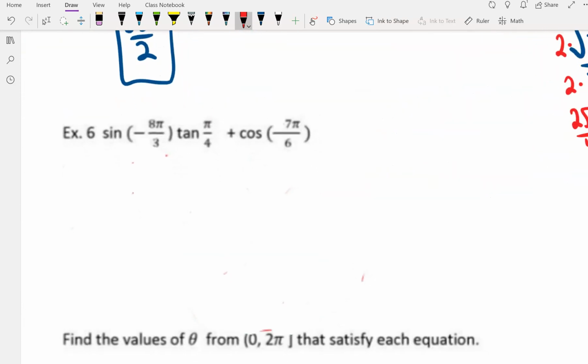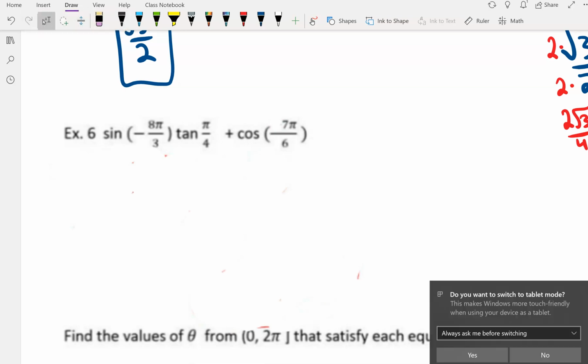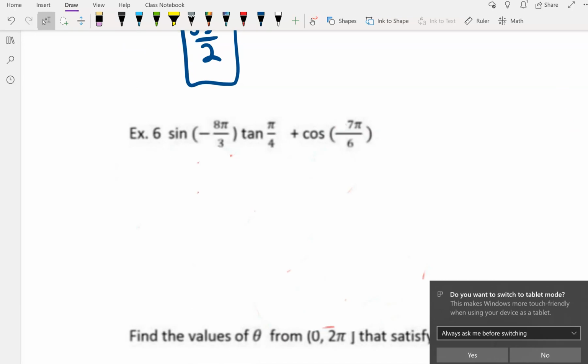All right, sine of negative 8 pi over 3. So this is definitely going to be one that I personally am going to draw a little picture so that I can see where that terminates. Negative 8 pi over 3 means I'm going clockwise. 6 pi over 3 would be 1 full rotation.